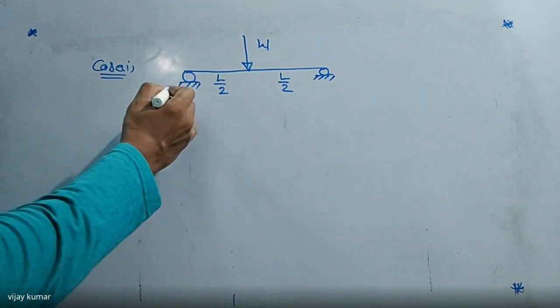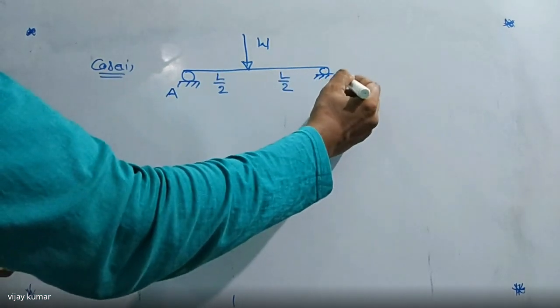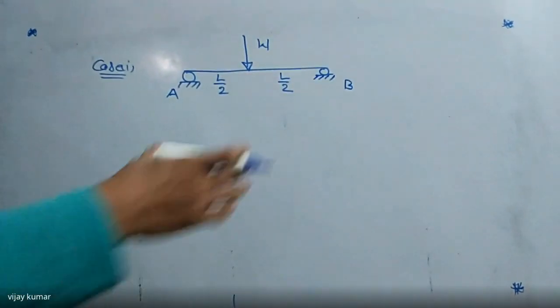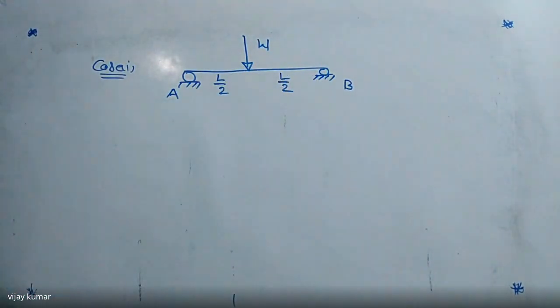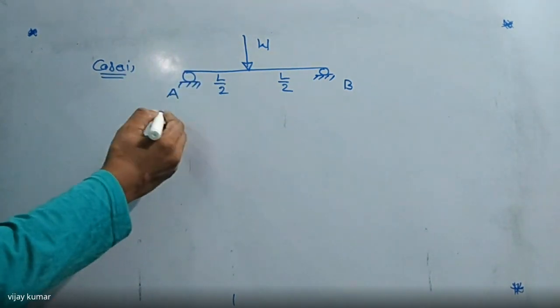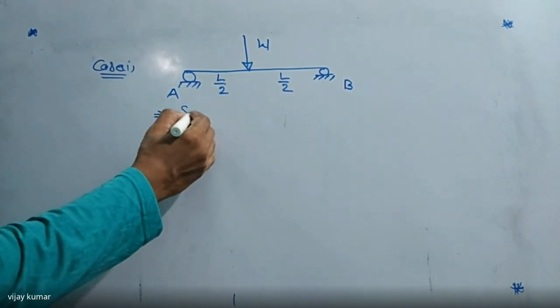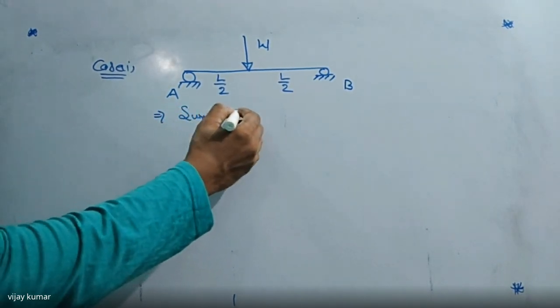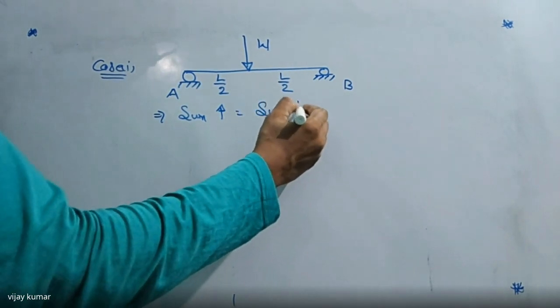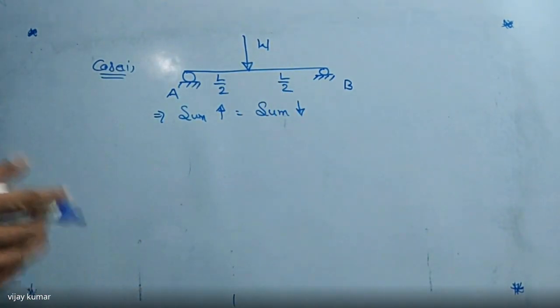Here I am taking the supports as A and B. When the beam is under equilibrium condition, we know that the sum of upward forces is equal to the sum of downward forces. So the first equation: sum of upward forces equals sum of downward forces, or sigma y is 0.